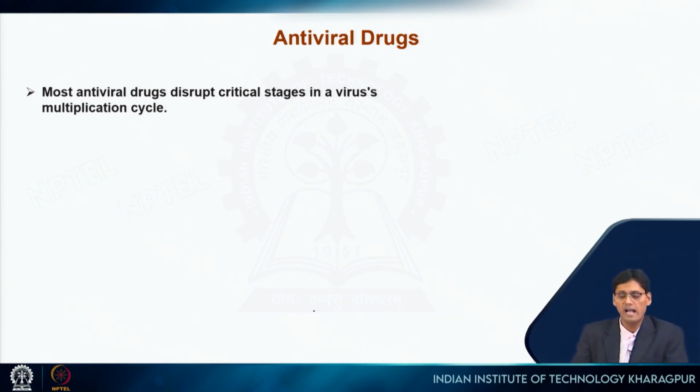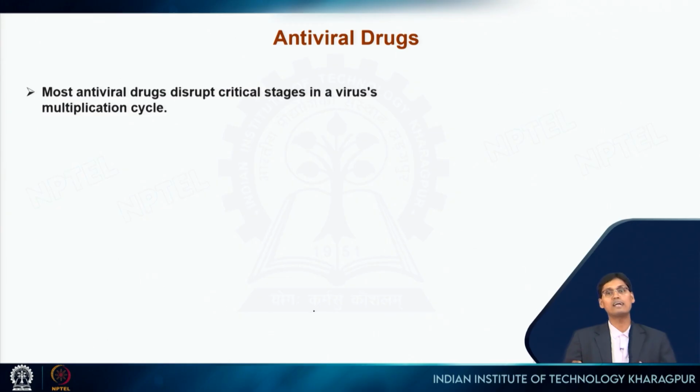And now antiviral drugs. This is a little different from antibiotics, because bacteria have their own machinery, their own system, and we are targeting them, for example peptidoglycan, for example their ribosome. But as you know, viruses have very little. They have a little bit of their own genome, either DNA or RNA, and some specific proteins present on the surface.